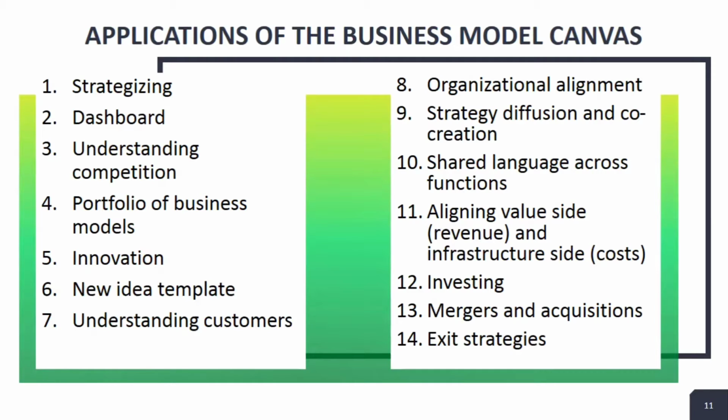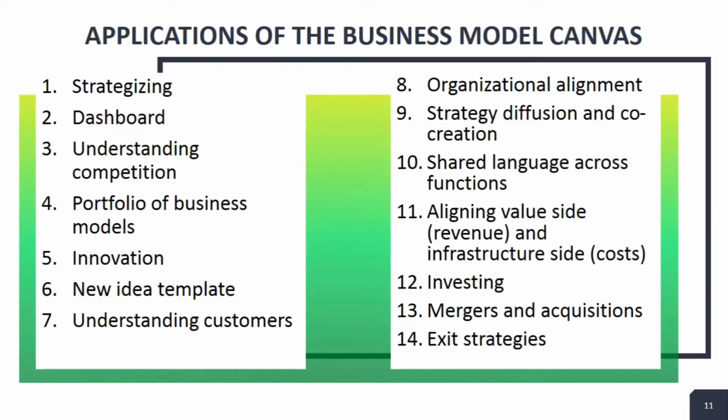Understanding competition. Another interesting way to use the BMC is to understand competition. By sketching out the business model of each one of your competitors, you gain a better understanding of their strengths, limits, constraints, and what they can or can't do.